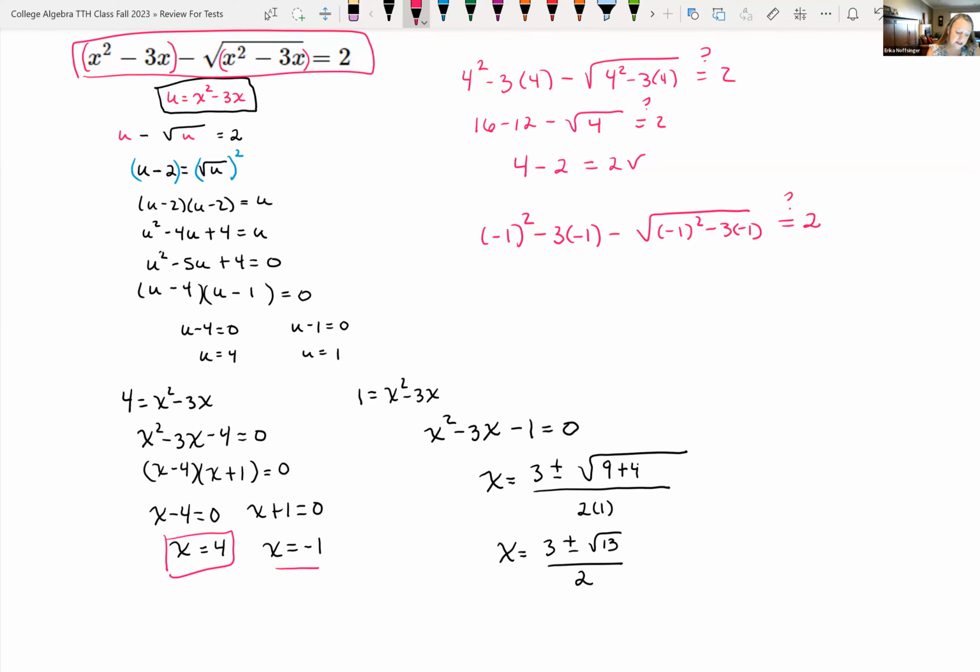Well, -1 quantity squared is 1 plus 3 minus the square root, -1 squared is 1 plus 3, underneath the radical we'll have a 4. Is that equal to 2? 1 plus 3 is 4 minus the square root of 4, which is 2, is equal to 2.